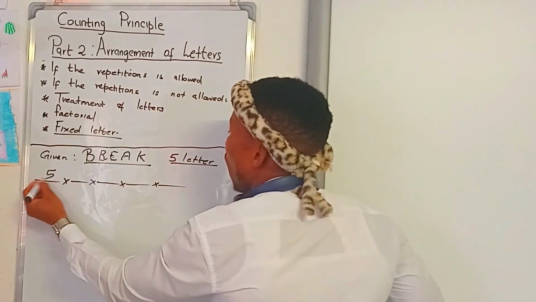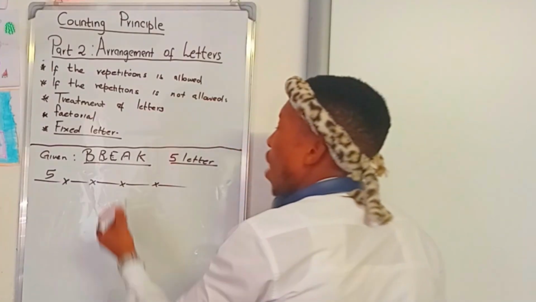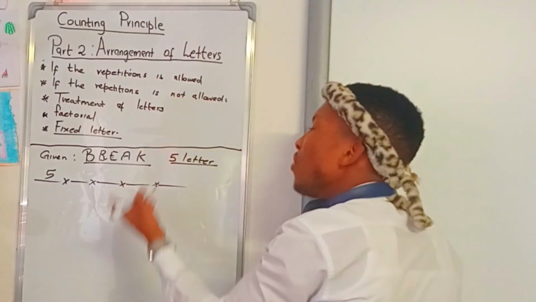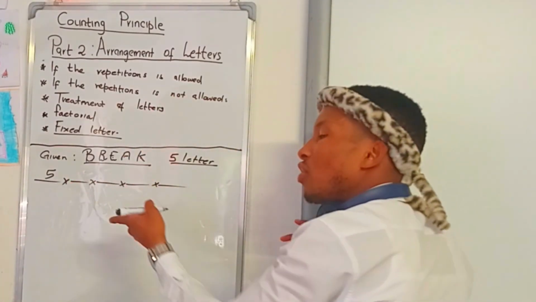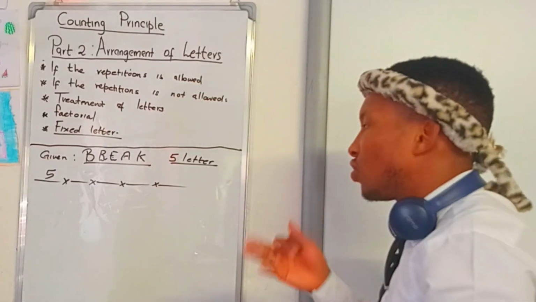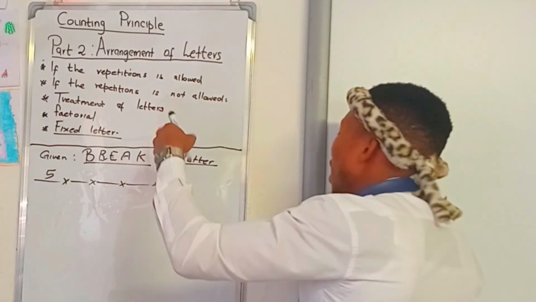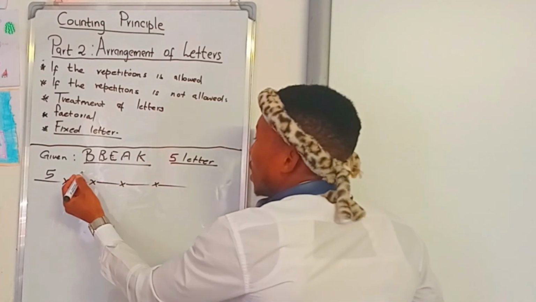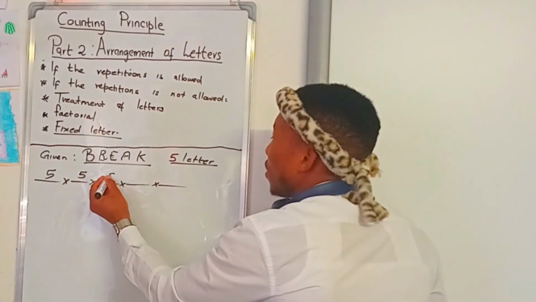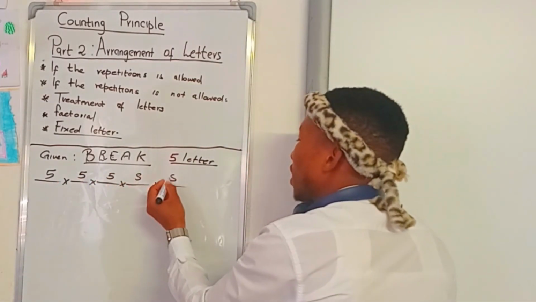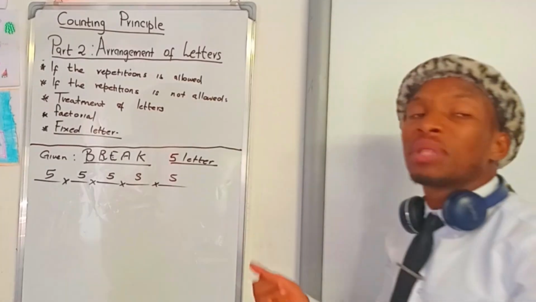We have 5 letters. Therefore, as the repetition is allowed, that means this letter, we can use it as much as we can. Then we take this letter, then we bring it back to the total space. We are still going to have 5 letters, 5 letters, 5 letters. Remember, the repetition is allowed.